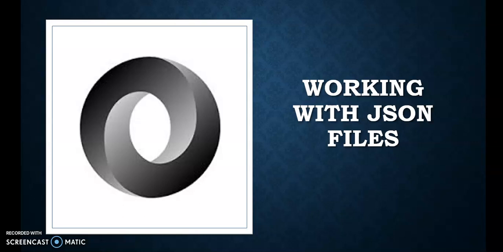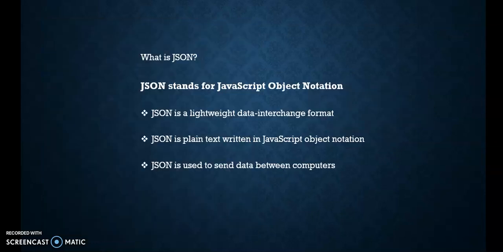So let's get down there first and see what a JSON file is. JSON stands for JavaScript Object Notation, and we can use JSON hand in hand with JavaScript. JSON is a lightweight data interchange format.